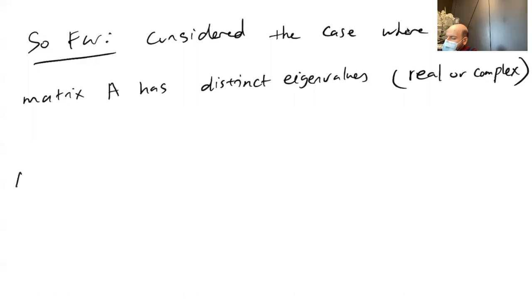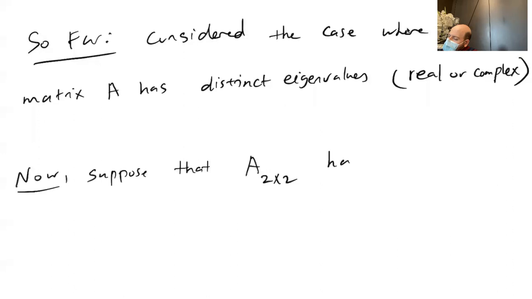So now suppose that A, let's start with 2 by 2 again for simplicity, has a repeated eigenvalue, let's say lambda and also lambda.